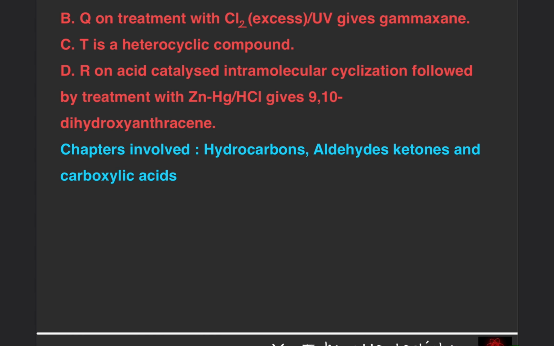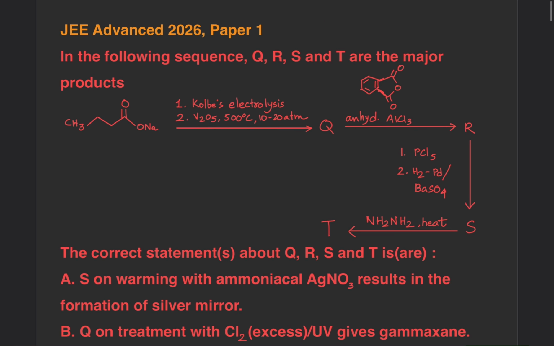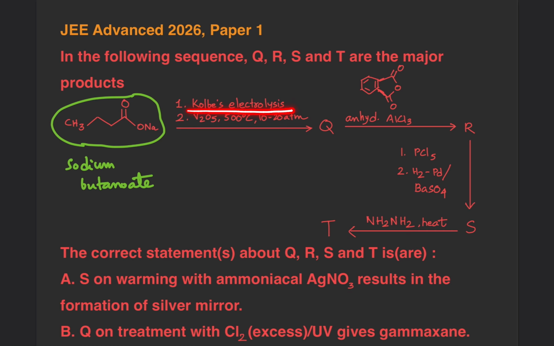Okay, so we are starting with a sodium salt of a carboxylic acid. Okay, so this is a sodium salt of a carboxylic acid and this is sodium butanoate to be specific. Sodium butanoate. Okay, and it undergoes Kolbe's electrolysis first.